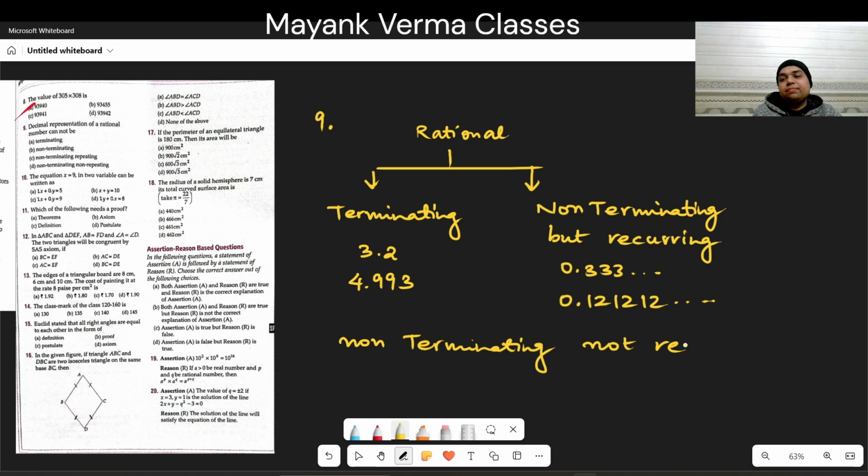That is the definition of what? Irrational number. So non-terminating, non-repeating, option D will be the correct option here.